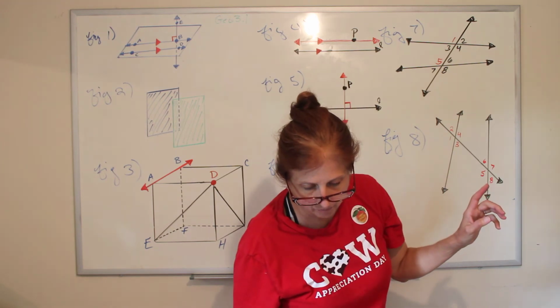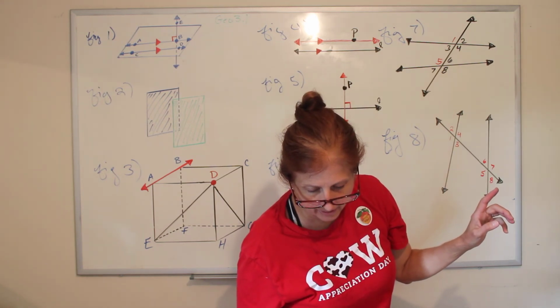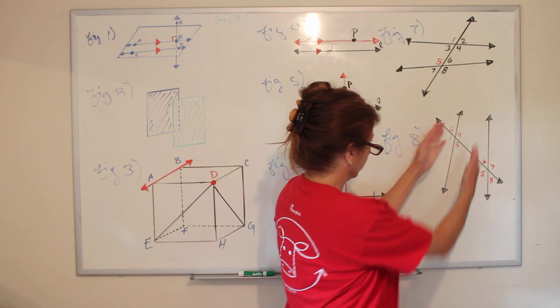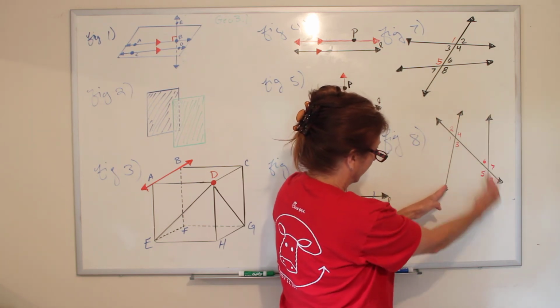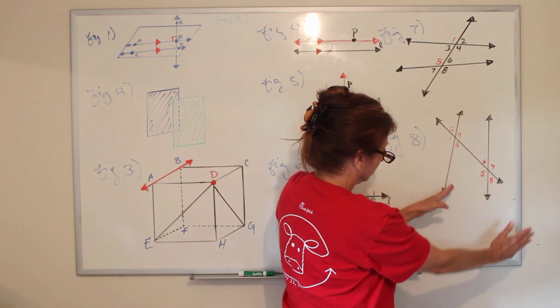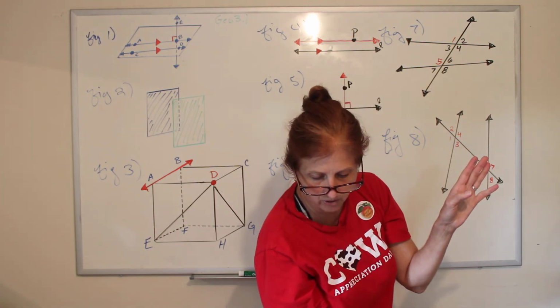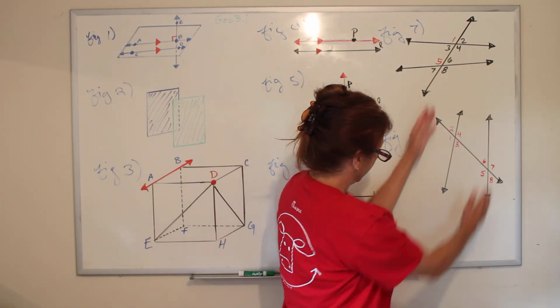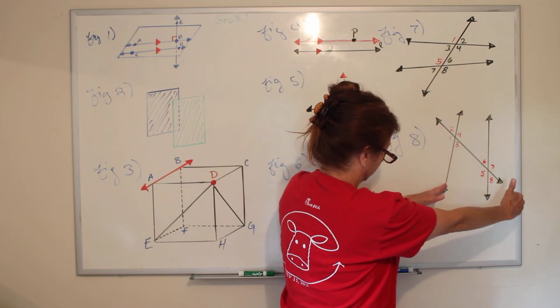So make sure I'm looking at this right. Okay, so these are our railroad tracks. That's our transversal.